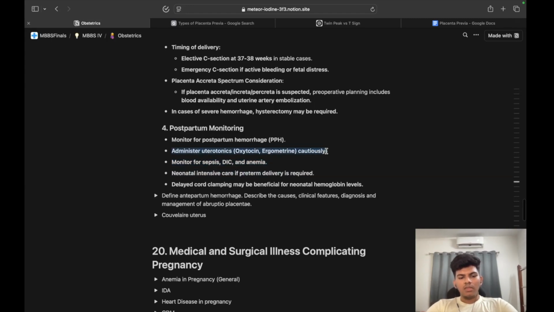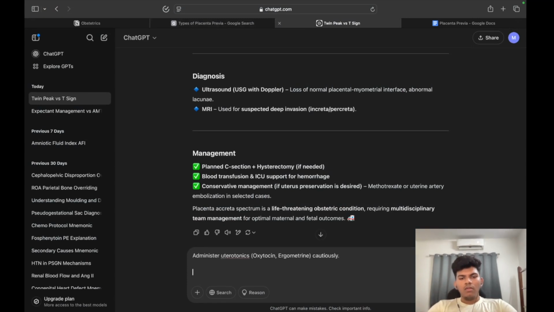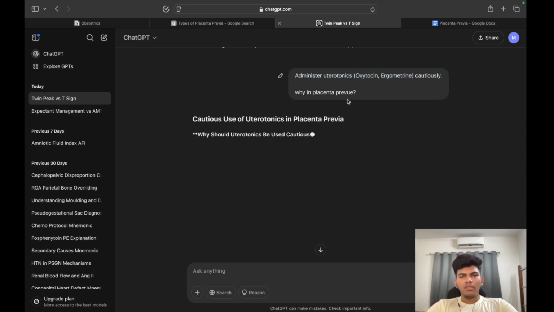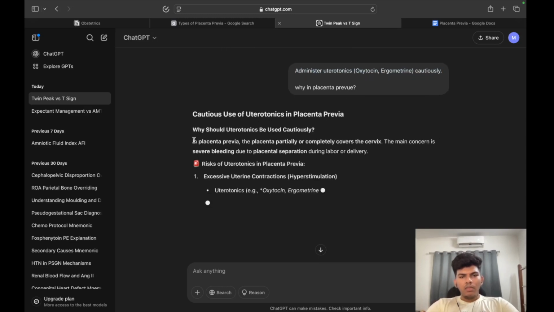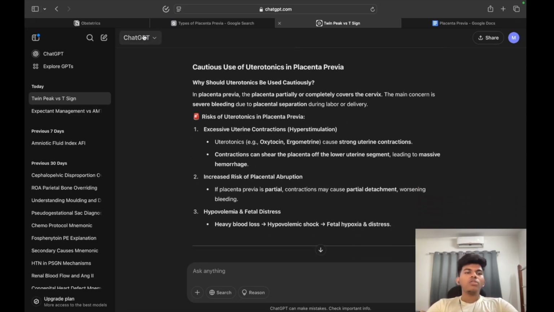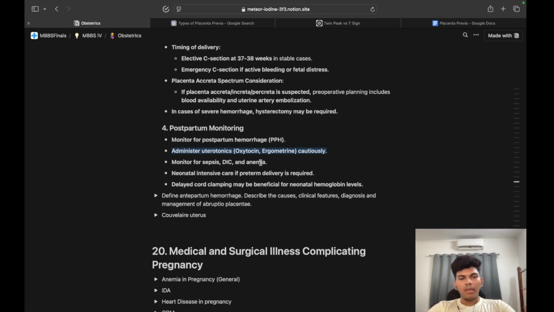This one, wait a second, uterotonics. Why, in placenta previa? This is something I personally did. The placenta partially or completely covers the os. Oh, sorry about that, it was a lapse in logic.